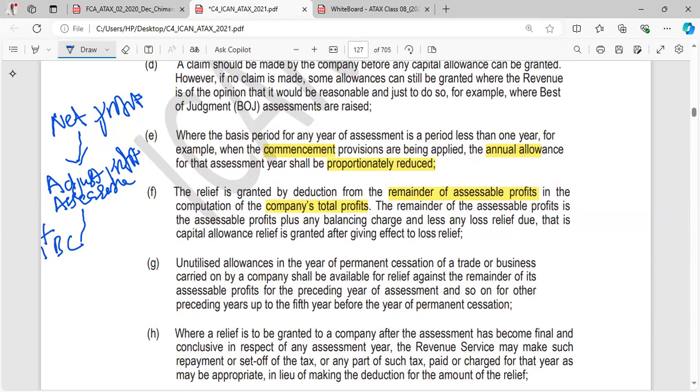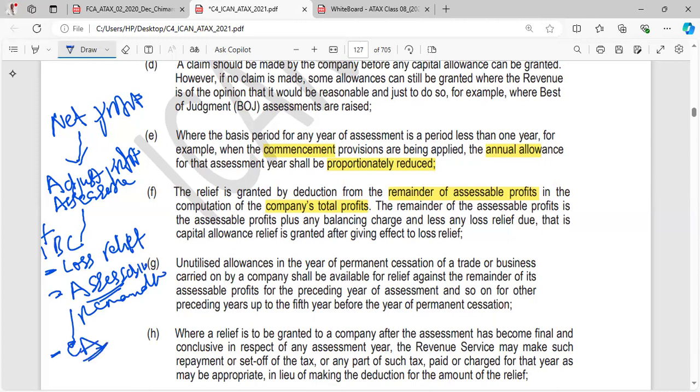So you add balancing charge and you less loss relief. When you do that, you have another assessable profit. So this is the remainder. This is called the remainder. It is this one here that you will less your capital allowance. So that's what we are saying. The remainder is where you grant your capital allowances.